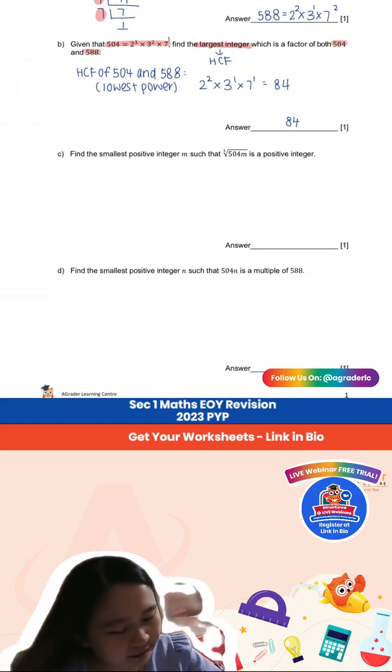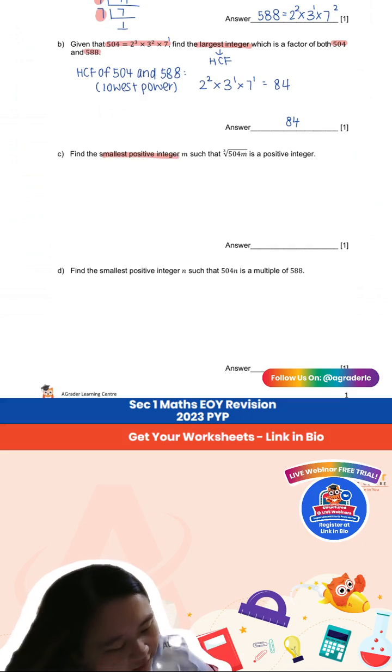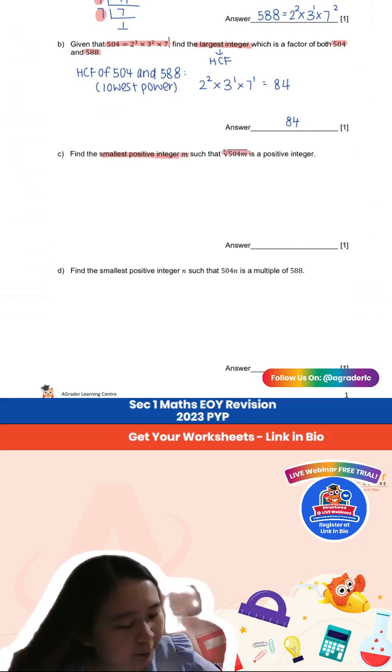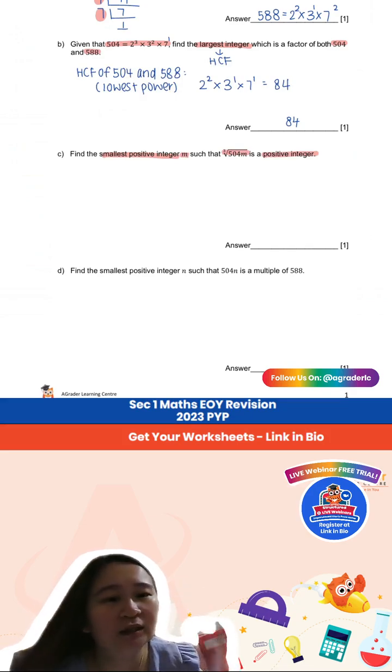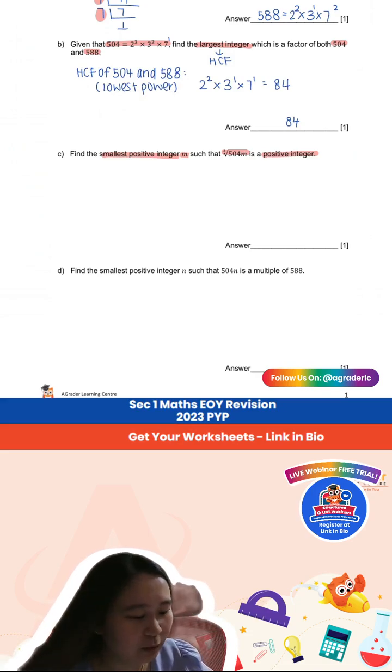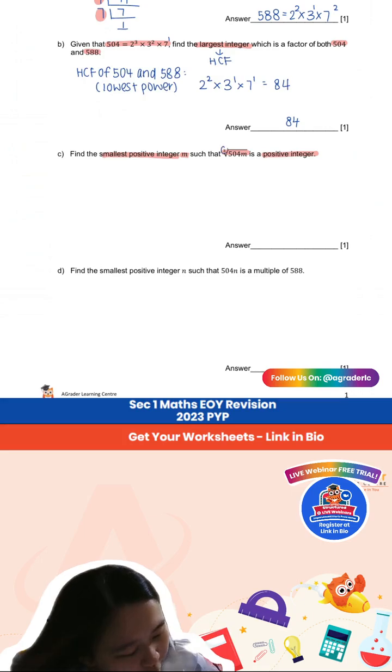Part C. Find the smallest positive integer m such that the cube root of 504m is a positive integer. C is 147. Good job. So this is cube root.